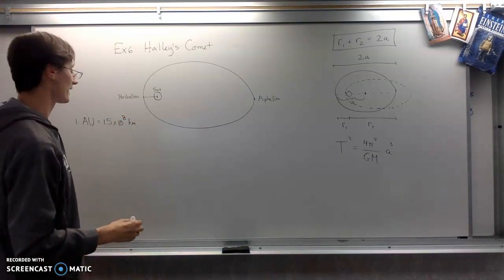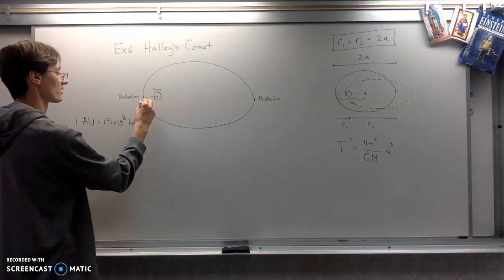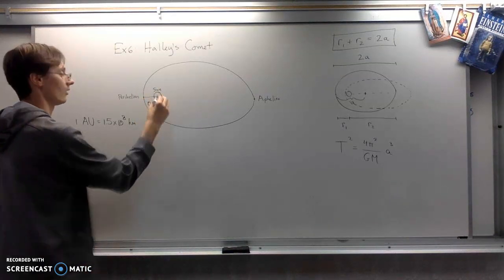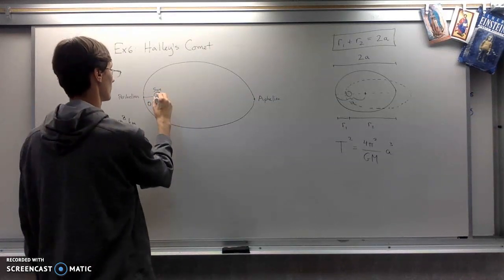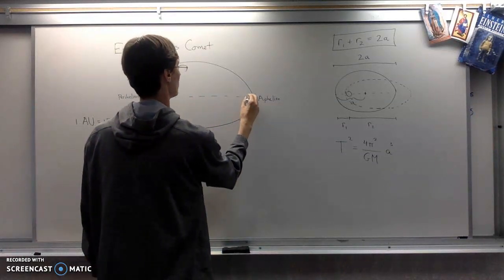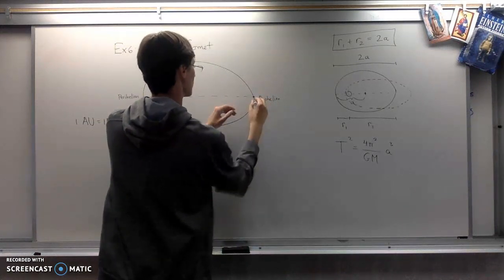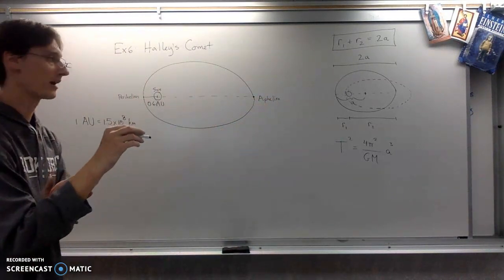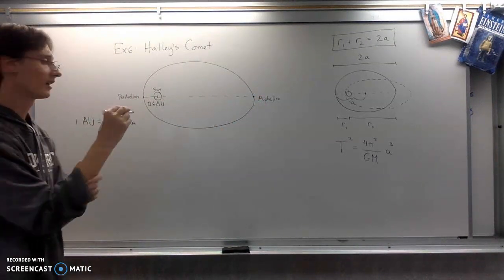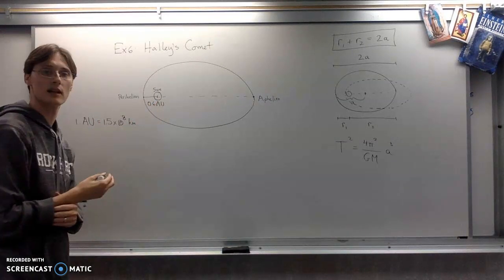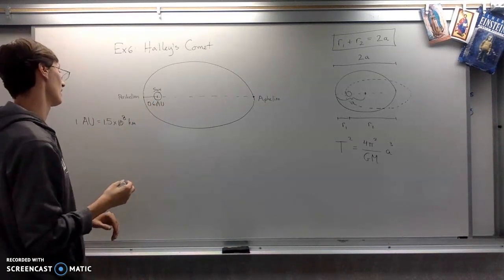Halley's Comet, at its closest, is 0.6 astronomical units away from the Sun. At aphelion, it's some much larger distance away, right? It doesn't actually say what it is. And part D, all it wants us to do is turn that into kilometers. That's a pretty simple operation, right?